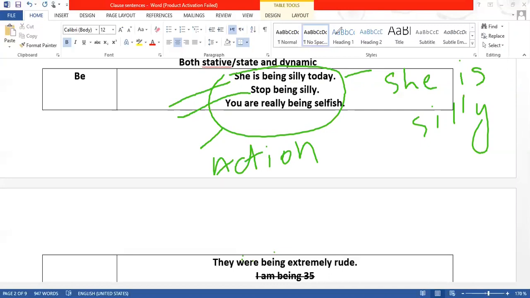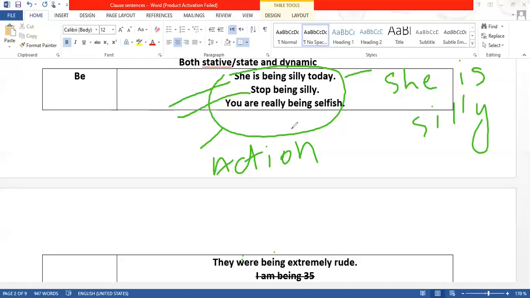We are saying that his condition, his behavior is stupid. But if I say she is being silly right now, or she is being silly today, I'm saying that she is being silly for this short time, not permanent.